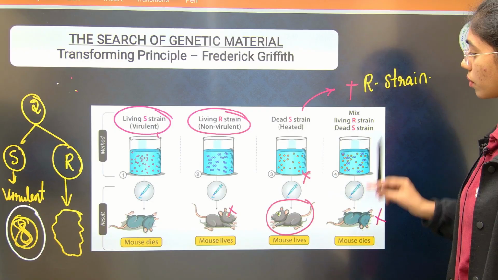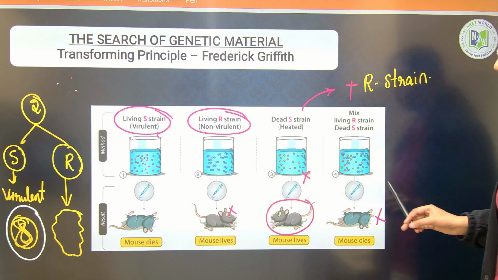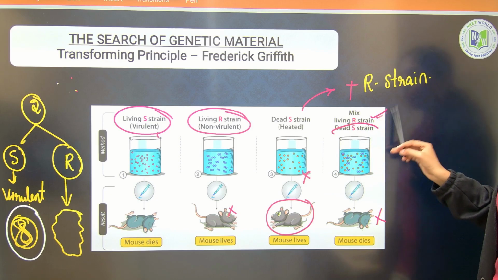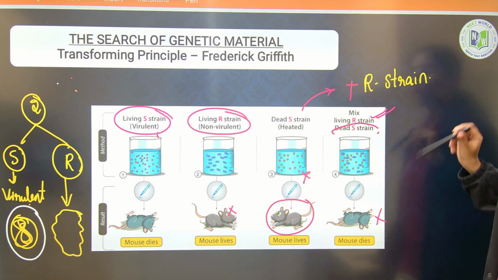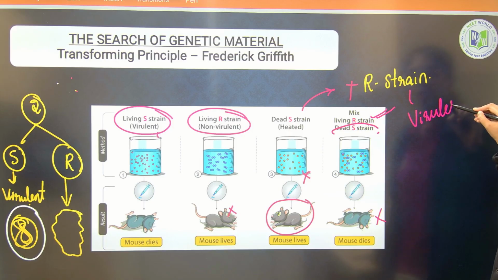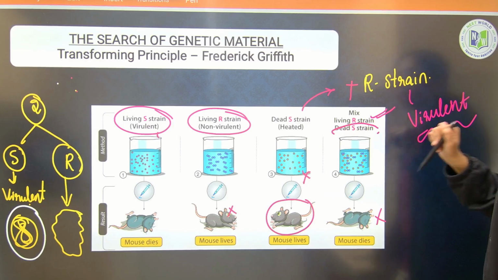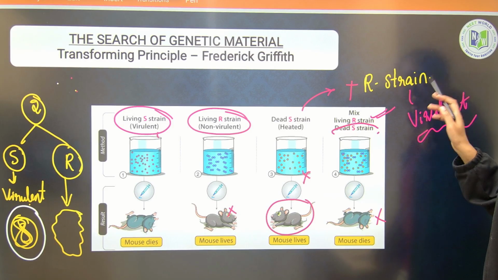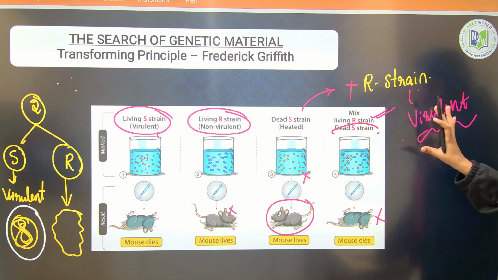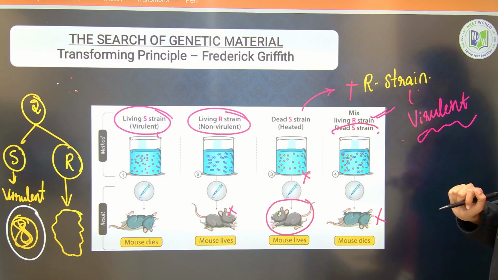Understood. So with the last experiment, when heat killed S strain is added along with R strain, which is making R strain virulent, Griffith has confirmed that there is something being transferred from S strain to R strain, which is making the R strain virulent and the mouse die.